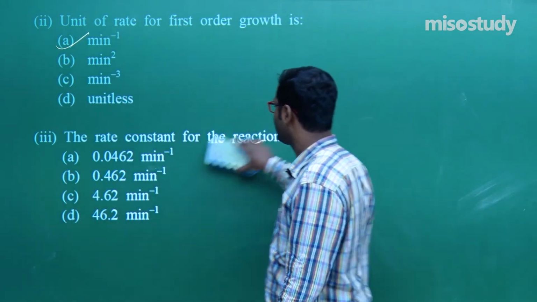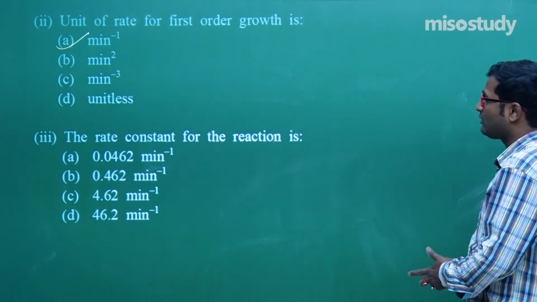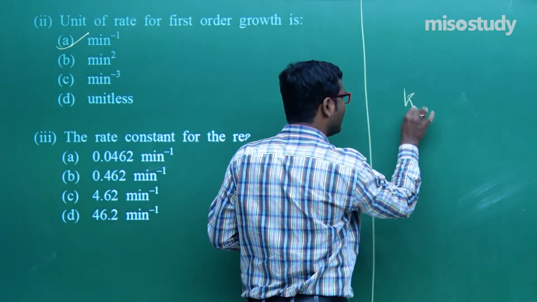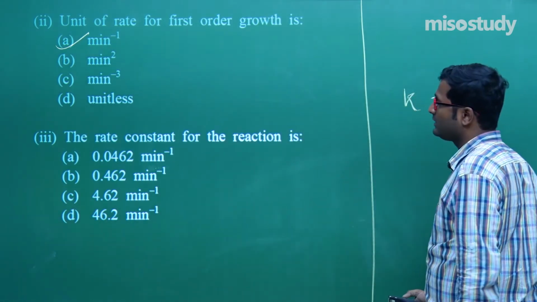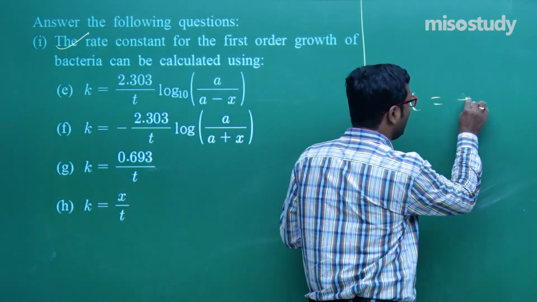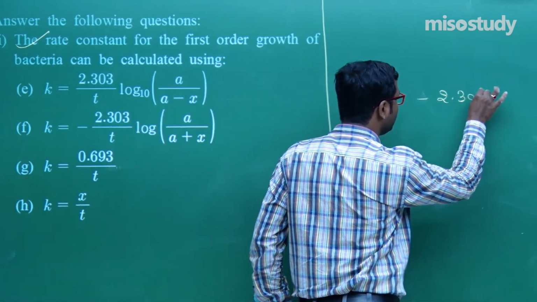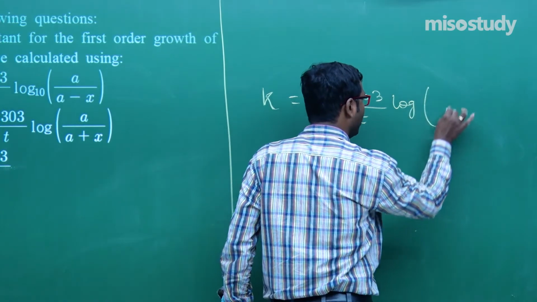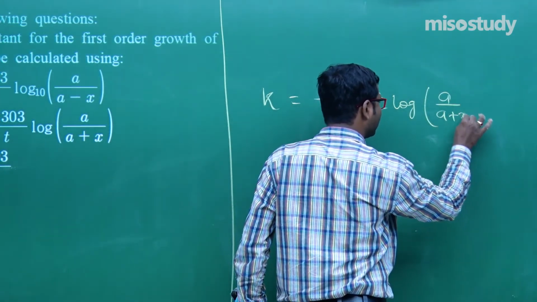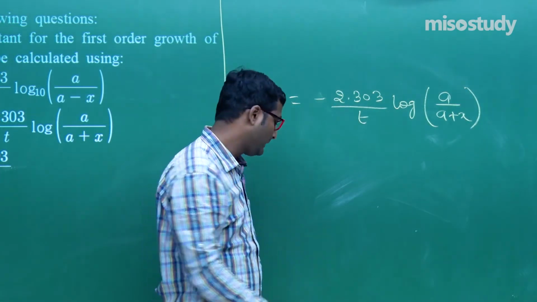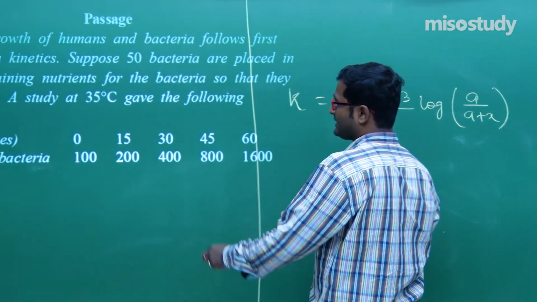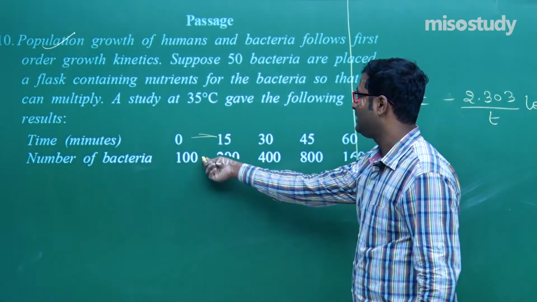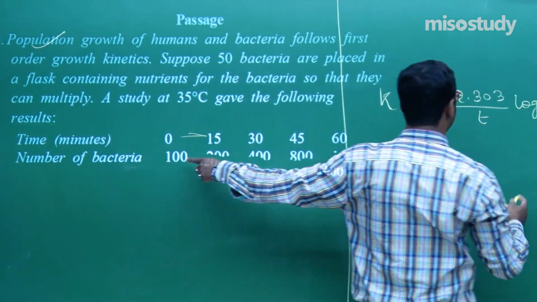Now, the rate constant is given for the reaction. As I told you, what is the expression for the rate constant? Check it out: K is equal to minus 2.303 upon T log A upon A plus X. Clear? Now, taking the same interval, 100 plus 200, A is 100.